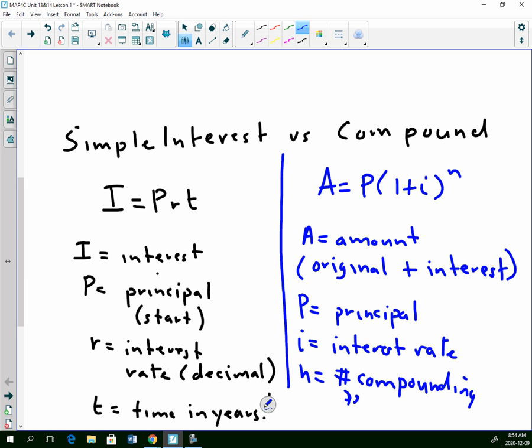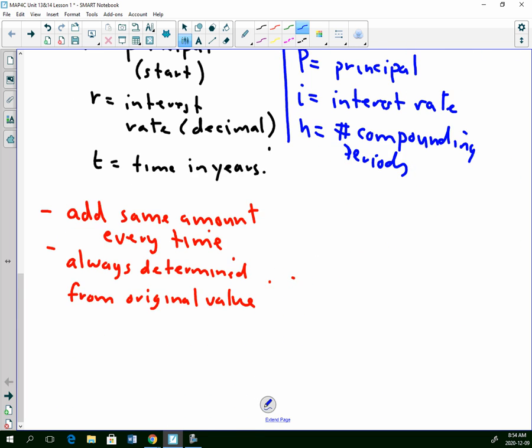compound periods. We'll look at this in more detail in a minute. So the difference between simple and compound is that with simple interest, you add the same amount every time. Compound interest accumulates. The next time you're calculating it from the previous amount, not from the starting amount.